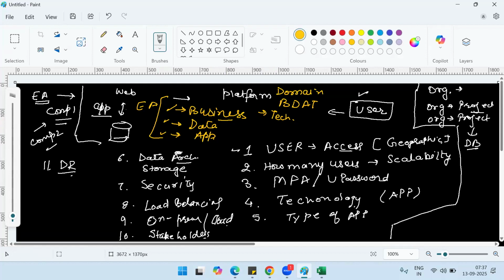Now, let me ask a question. Governance, business processes, and the purpose of the business: are these relevant to an enterprise architect?